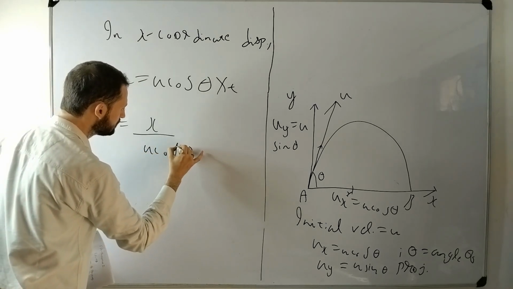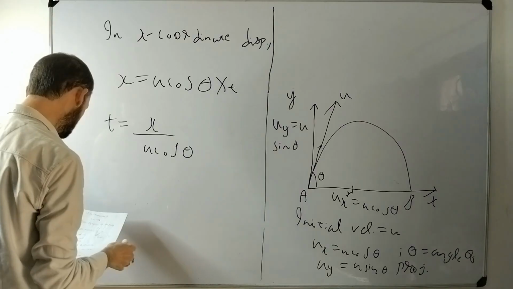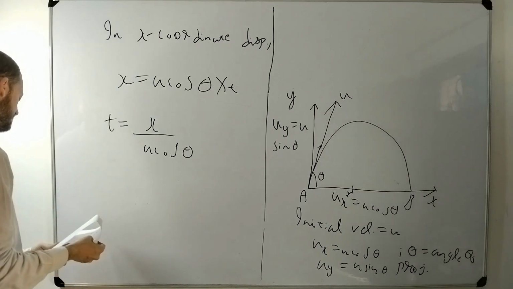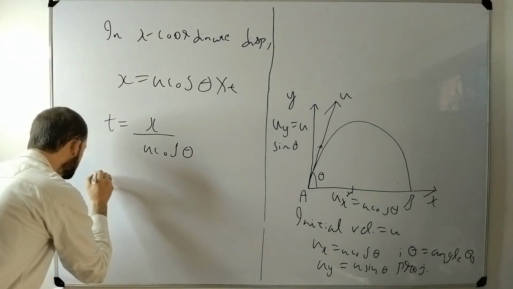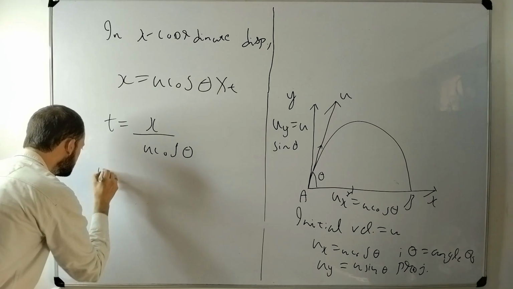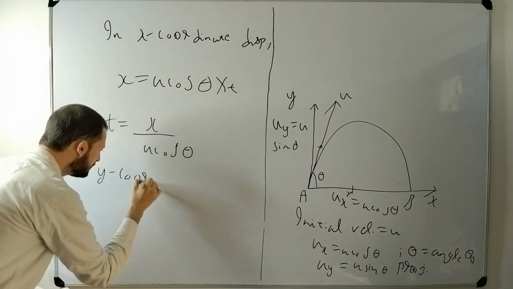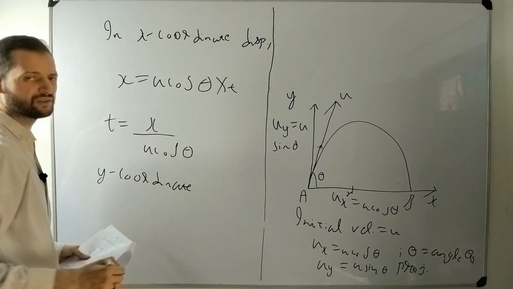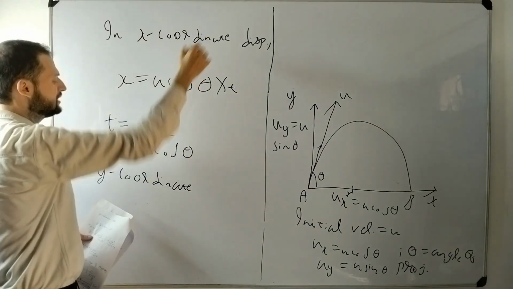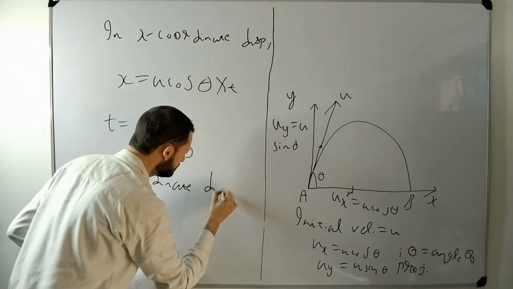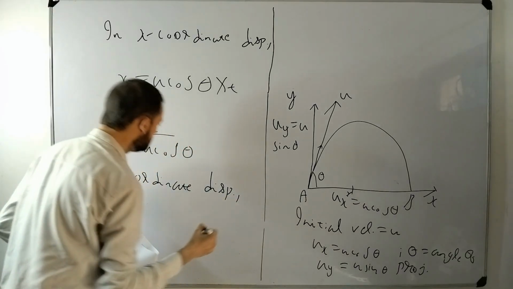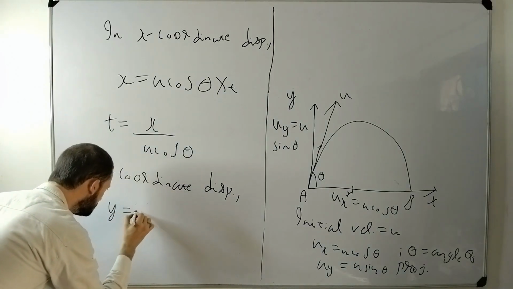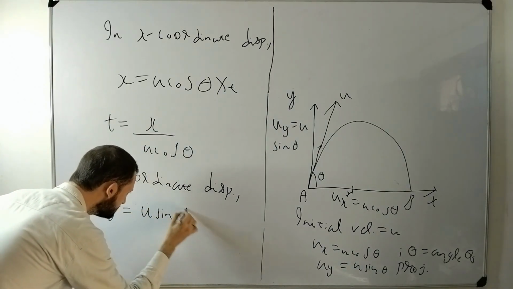Right students? Now what was the projectile equation that we have studied? The y coordinate equation. I should not call it an equation, it should be displacement, no? Here I have written displacement. So displacement becomes y is equal to u sin theta t.